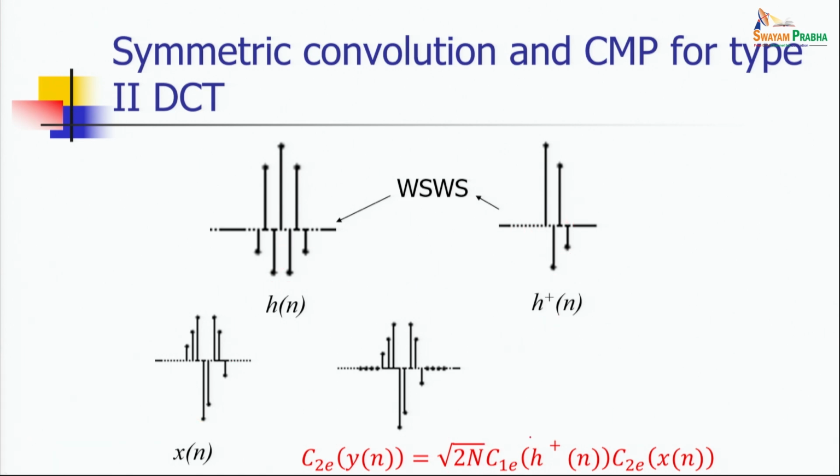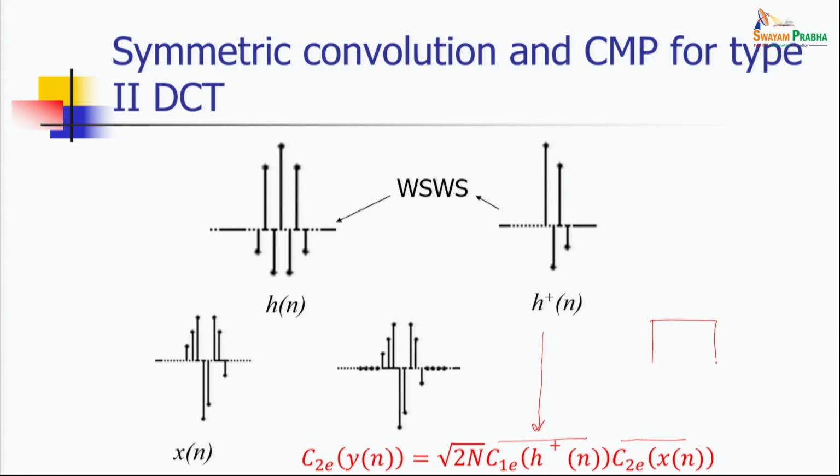This computation is very useful, or relevant, in compressed domain processing, particularly for filtering. As you can understand, what you are given here is a filter response, that means this type 1 DCT, which could be computed only once for a filter.